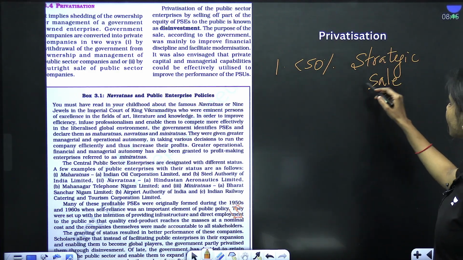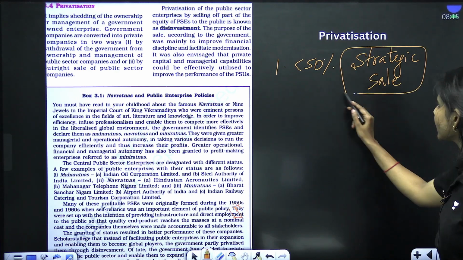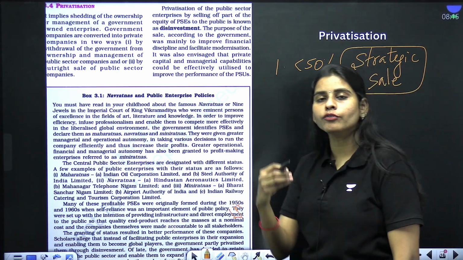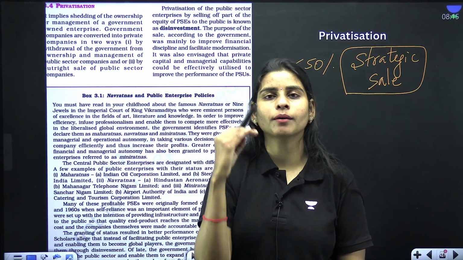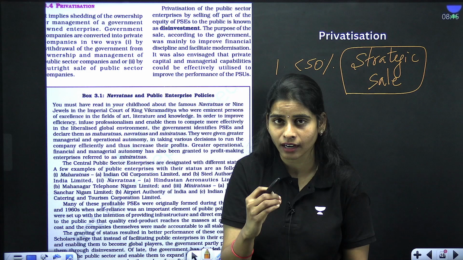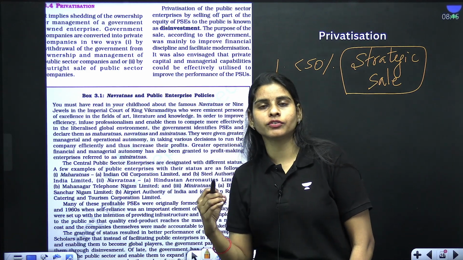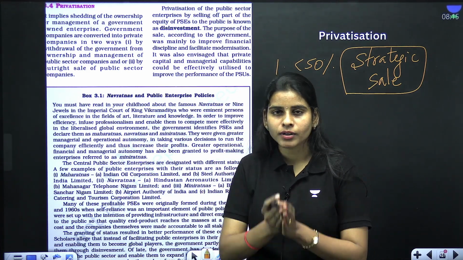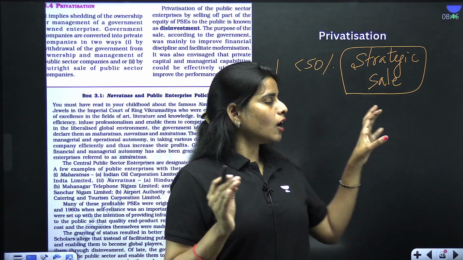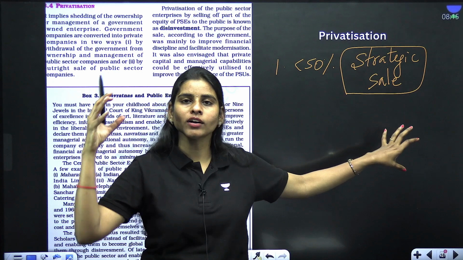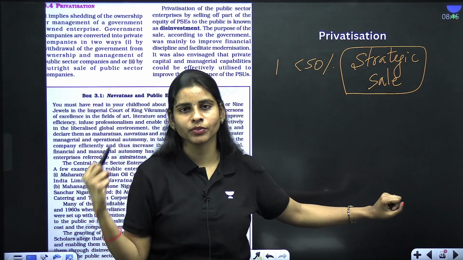Here the government is completely privatizing. It reduces the total number of shares owned by the government to less than 50. So the government no more owns the majority of the shares, right? So here the ownership and the control automatically go to the privates from the government.